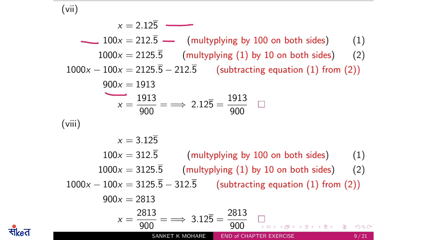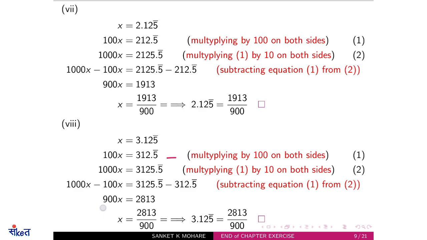Next example, the same as the previous example. Here also we have x equal to 3.125 bar. Two digits are non-repeating and one is repeating. So here we multiply both sides by 100. So we will get 100x equal to 312.5 bar. Since one digit is repeating, we multiply equation 1 by 10 and get 1000x equal to 3125.5 bar.